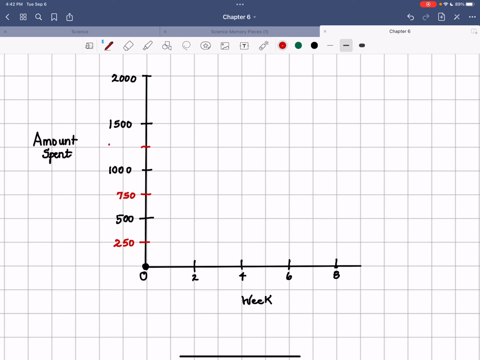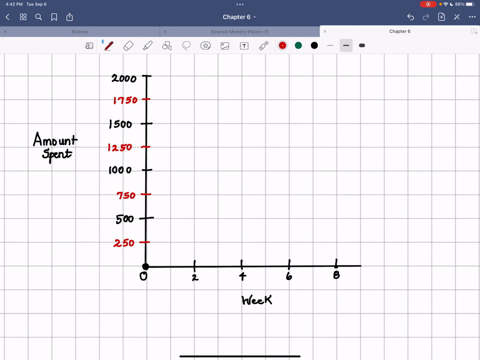This line would be $1,250. This line would be $1,750. And you don't have to do that. That scale's a little bit different though. It's an even increase, but you have to jump by 250 is what I'm saying.